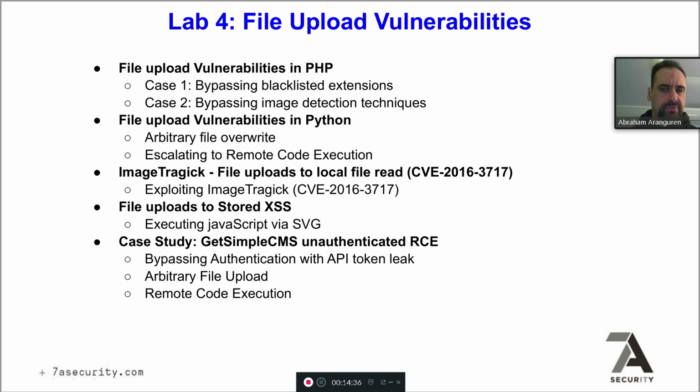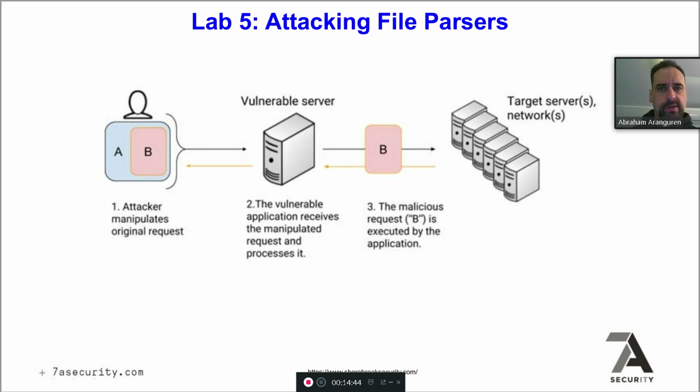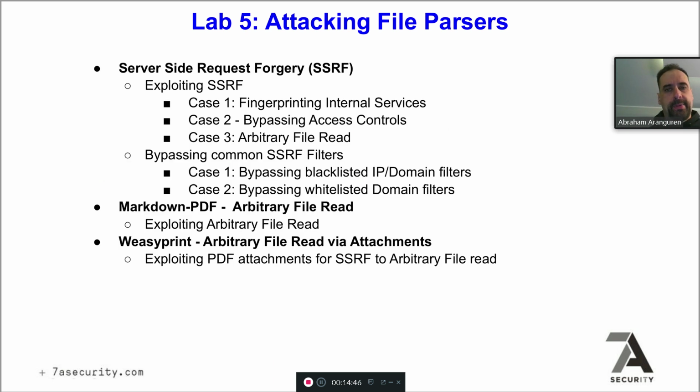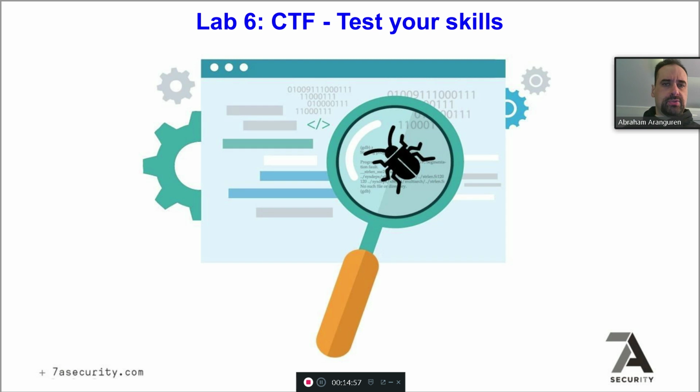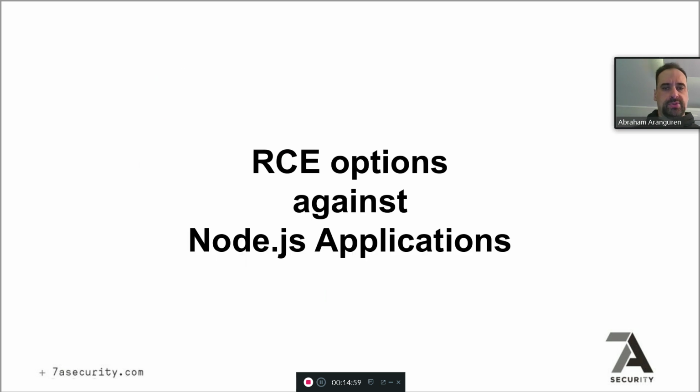Again, lots of case studies here: uploading SVG images, case studies for real apps, and so on. And then in Lab 5, attacking file parsers and server-side request forgery. Again, many case studies: arbitrary file read by attachments, lots of interesting things. And then there's also another CTF to test your skills. So that's what the course is about.